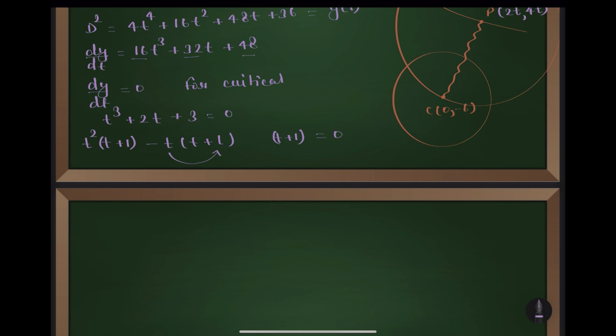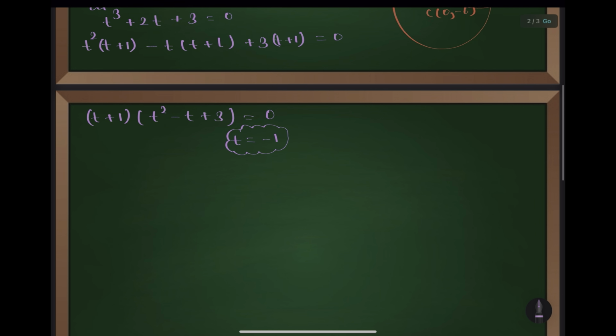So you need 3t to neutralize this additional minus t. So plus 3. Now your equation is balanced. Now simplify. So (t plus 1)(t² minus t plus 3) equals 0. If you try to factorize this, you cannot, because D is negative. So you got one critical point as minus 1.